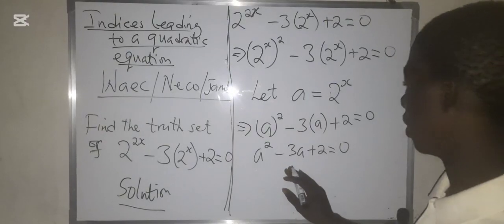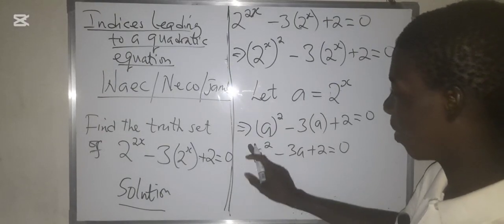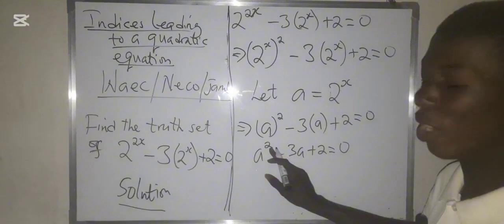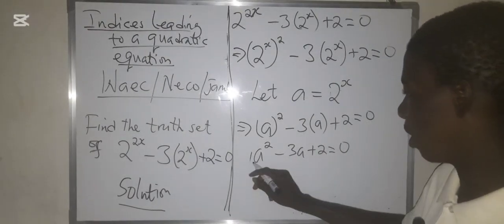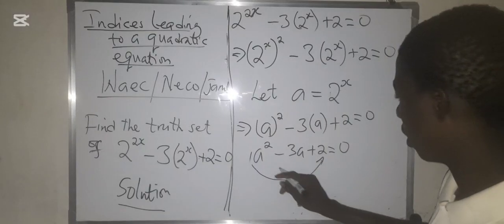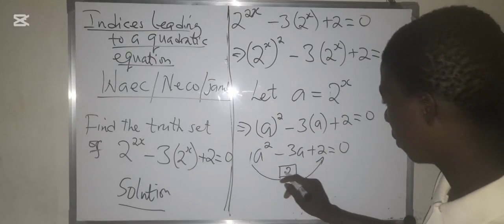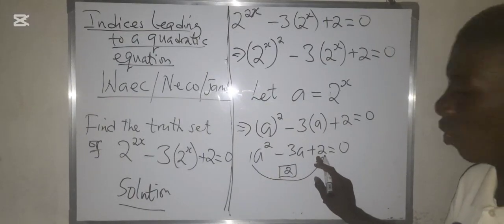To factorize this, remember the coefficient of a^2 is 1. So 1 times 2 gives us positive 2.